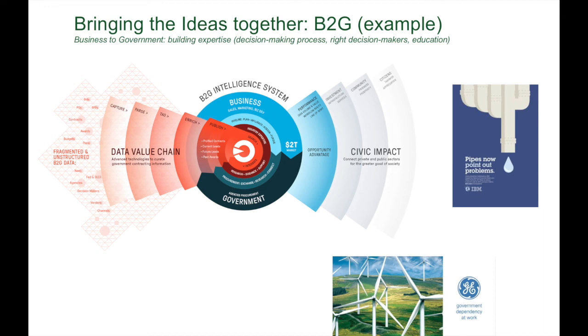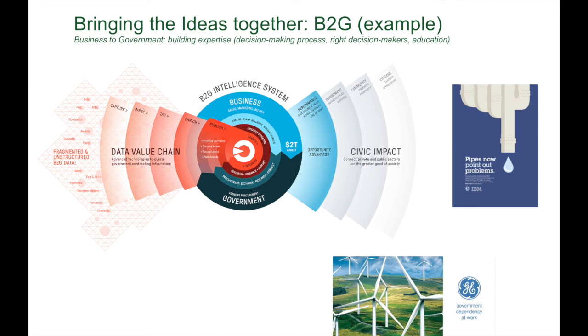Yes, and the big difference, I would say, is on the right-hand side, the civic impact. So governments must strive for a certain impact, services to the community, and that's not that rational.